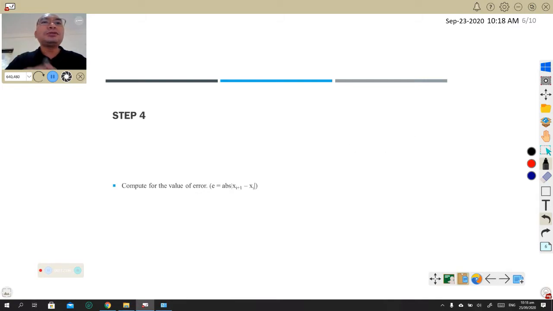You have to compute for the value of error. E equals absolute value of xi plus 1 minus xi. So error is just equal to the absolute value of xi plus 1 minus xi.